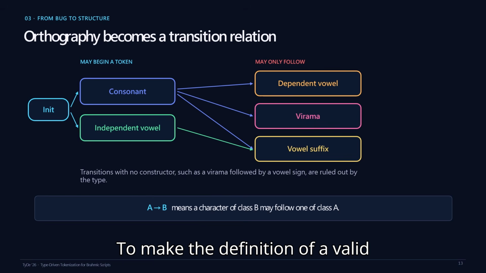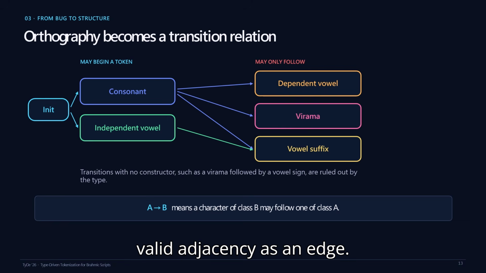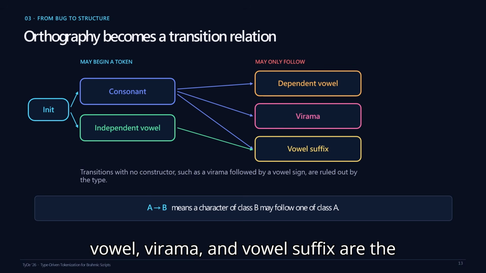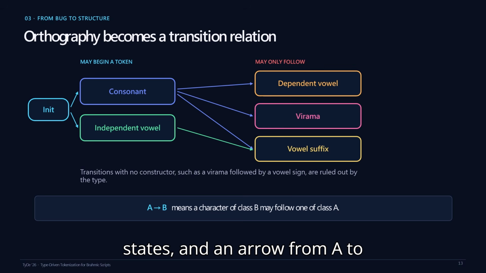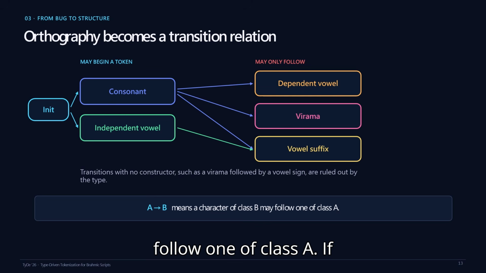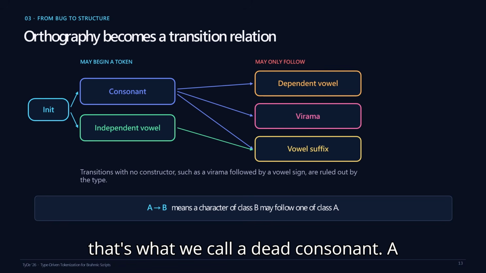To make the definition of a valid boundary concrete, we model each character class as a state and each valid adjacency as an edge. Consonant, independent vowel, dependent vowel, virama, and vowel suffix are the states. And an arrow from A to B means a character of class B may follow one of class A. If we trace a couple of edges, a consonant can be followed by a virama, that's what we call a dead consonant.